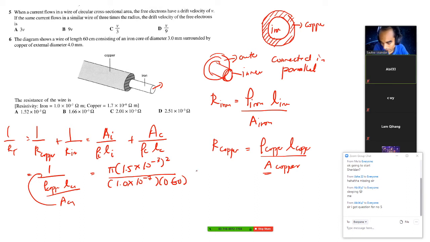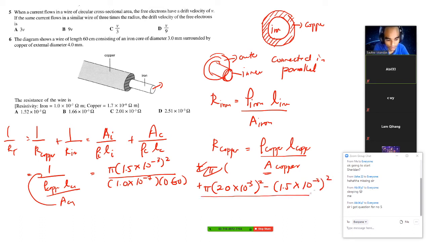Plus pi, and this is the key part because we have to minus: pi times (2.0 times 10 power negative 3 squared minus 1.5 times 10 power of negative 3 squared), because we want to get the outer layer of the copper only, not the inside.